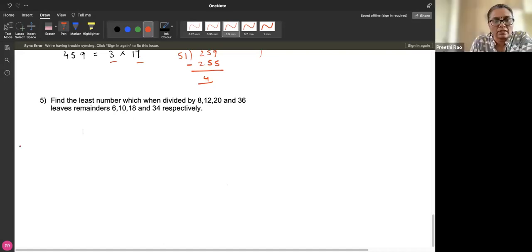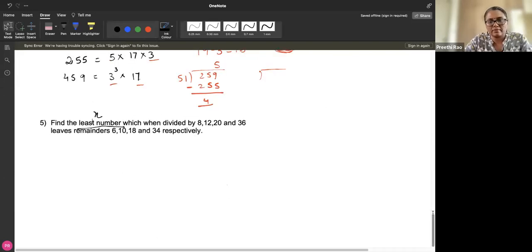Find the least number which when divided by 8, 12, 20 and 36 leaves remainders 6, 10, 18 and 34 respectively. So there is a number, the lowest number, say that is x. When I divide x by 8, I get a remainder of 6.